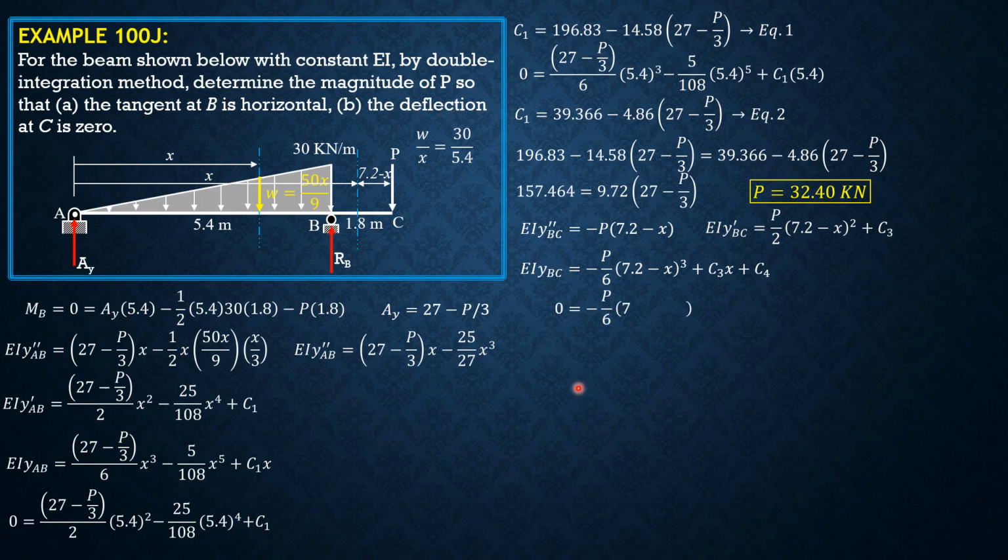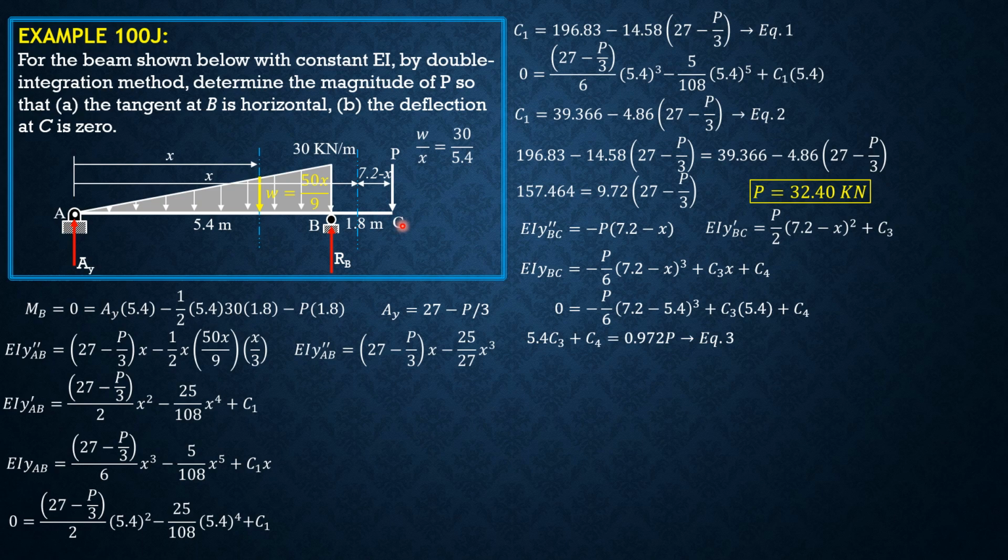So 0 equals negative P over 6 times quantity 7.2 minus 5.4 cubed, at B, plus c sub 3 times 5.4 plus c sub 4. So 5.4 c sub 3 plus c sub 4 equals 0.972 P. Call that equation 3.